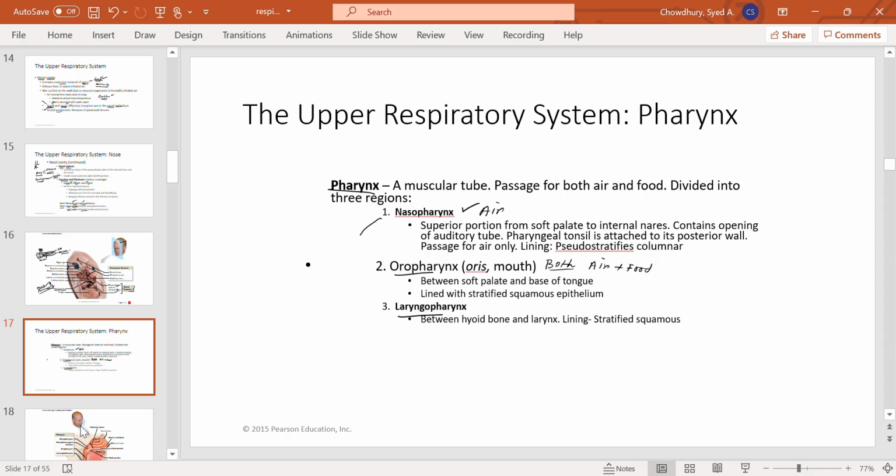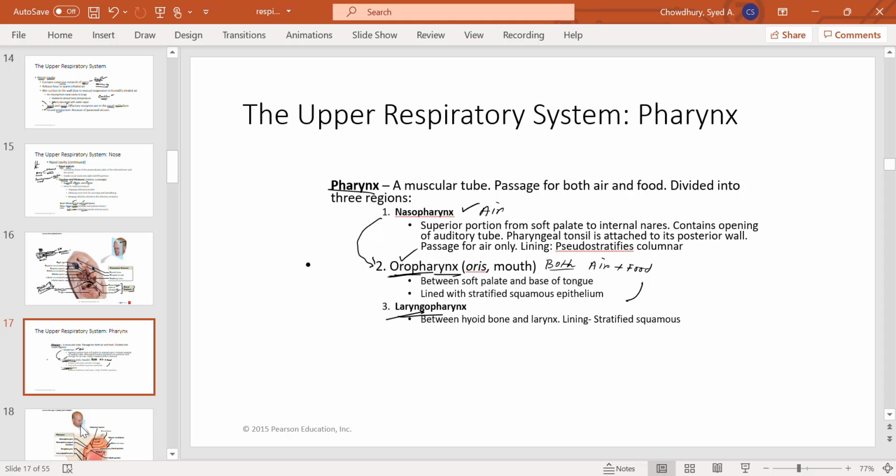So from the nasopharynx, air enters into the oropharynx, and from the oral cavity or mouth, food enters into the oropharynx. So it is the middle portion of your pharynx, and the last portion is the laryngopharynx, and this is also for both air and food.